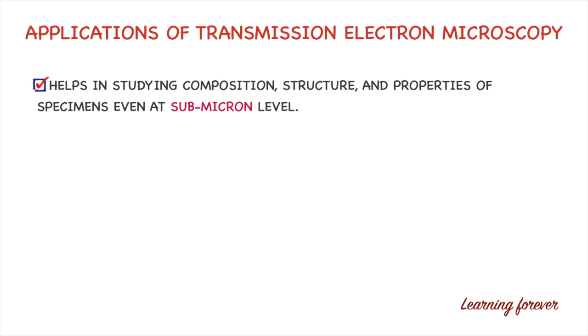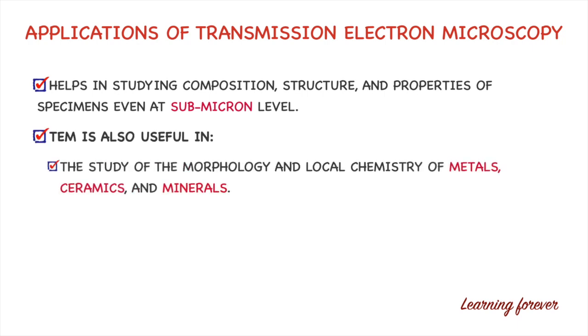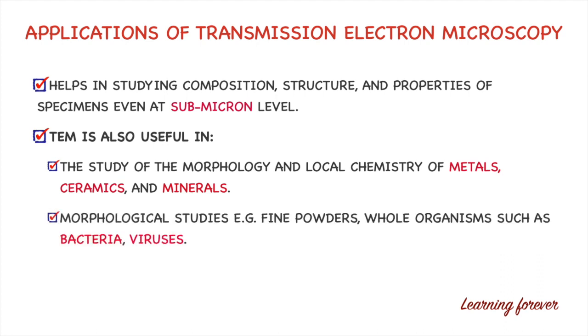Since the electron microscope has a magnification and resolution about 200 times more as compared to the compound microscope, you can easily see such samples under transmission electron microscopy. TEM is also used in the study of morphology and local chemistry of metals, ceramics and minerals. You can even conduct morphological studies of fine powders and whole organisms such as bacteria and viruses.